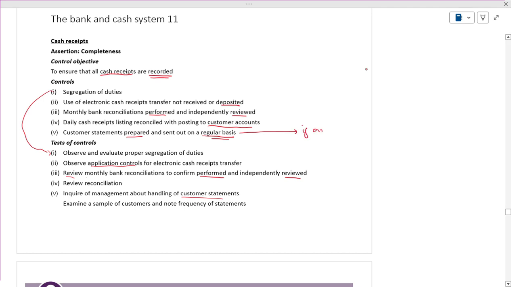If any differences exist, they can be reconciled immediately, on a timely basis.